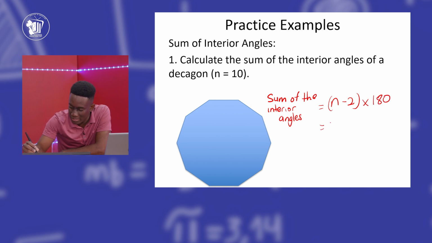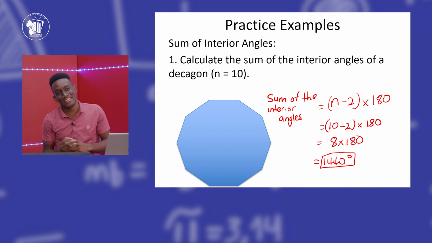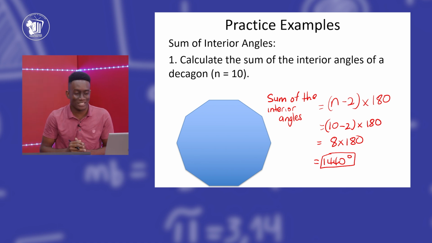So n is 10, minus 2 is 8, multiplied by 180, which gives 1440 degrees. And with that, this brings me to the end of this video.